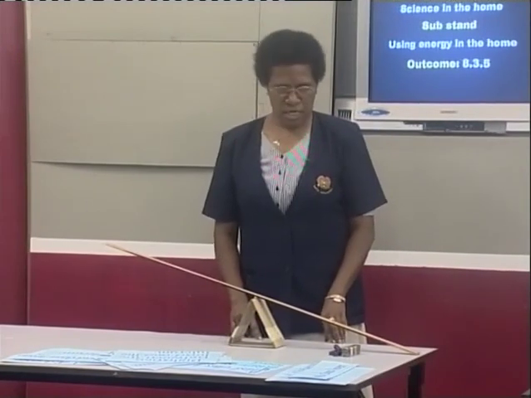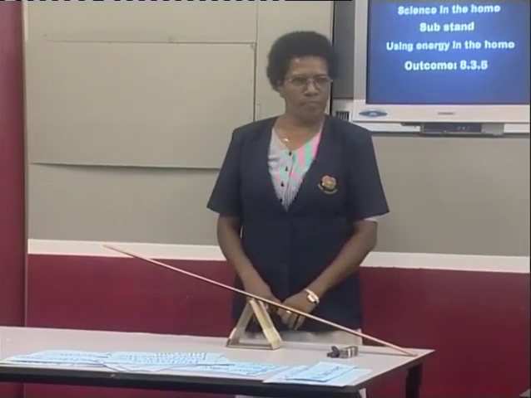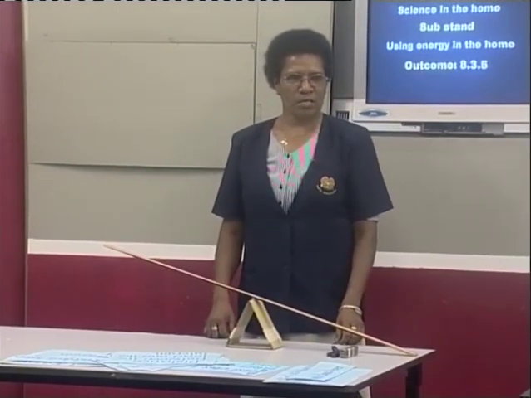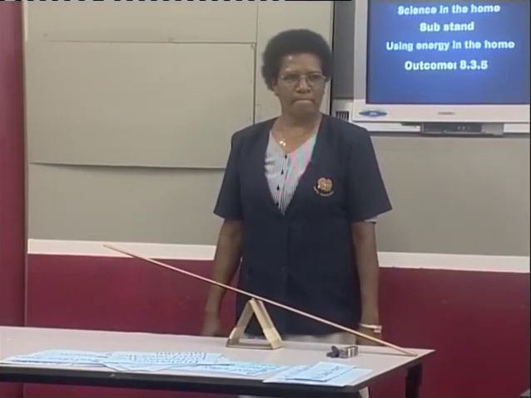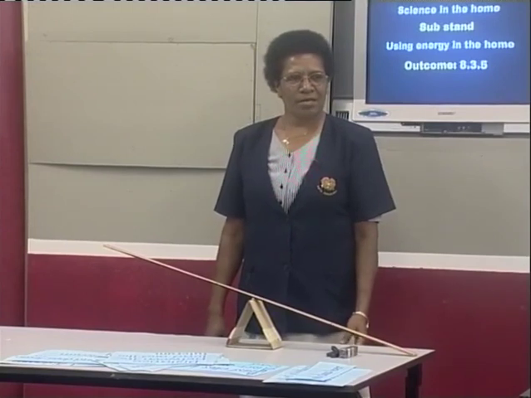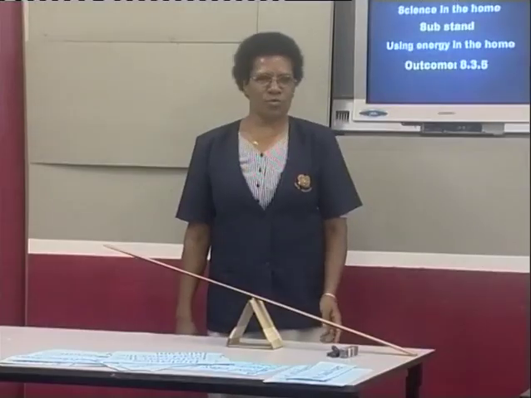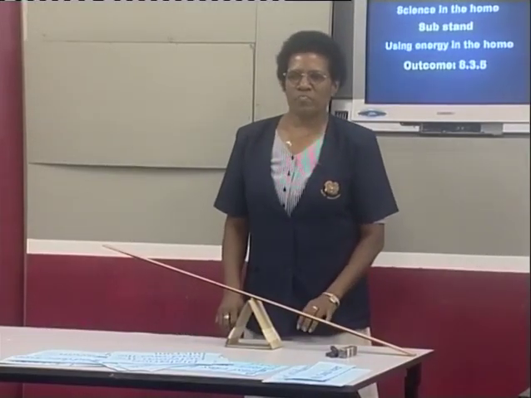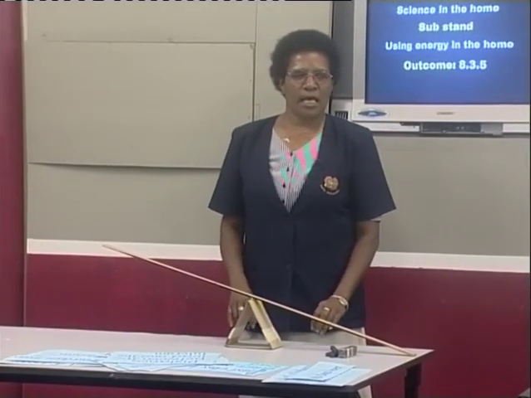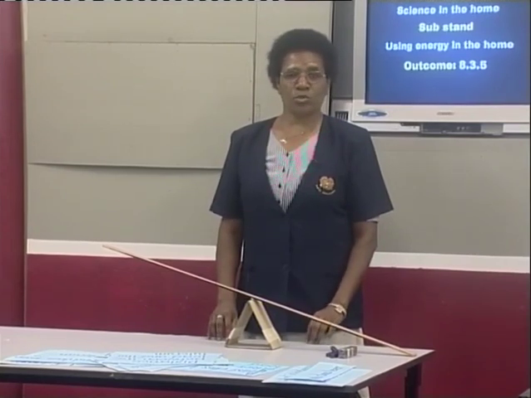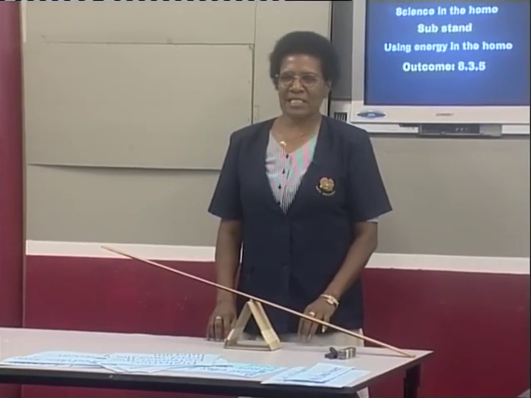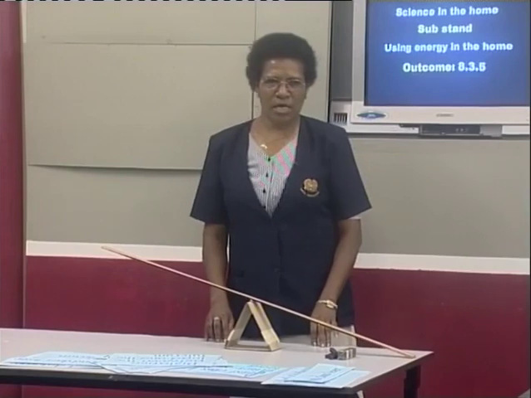Let's have Shane, please. Get the correct distance or measure the distance between the objects. Very good, thank you. Get the correct distance, have some load put on the other side that can balance the ruler.